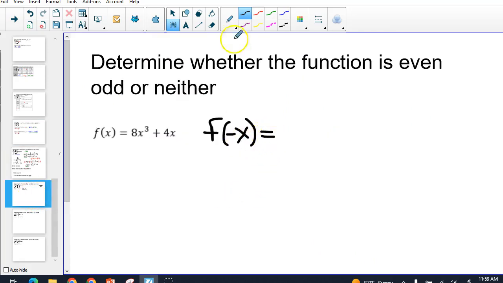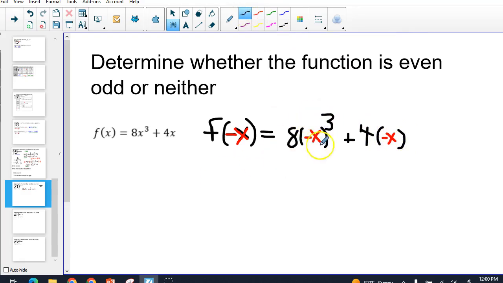So let's take our -x here. We'll even make it red. Take our -x, and replace all of our x's with -x. So we have 8 times -x cubed plus 4 times -x. Okay.